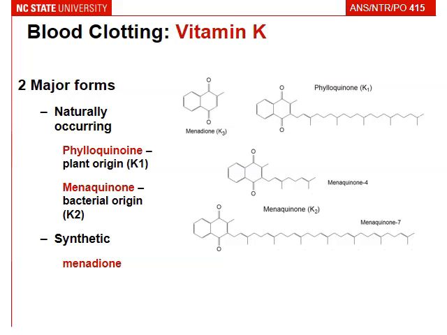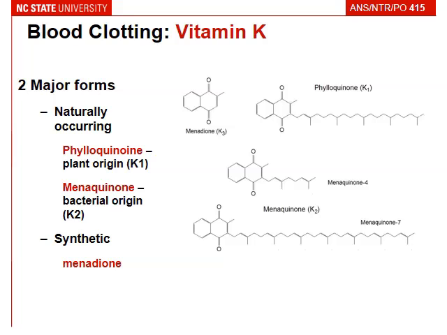So we're going to focus first on vitamin K. And vitamin K is most notably involved in blood clotting. There are other functions for vitamin K, but this is the one that everybody has heard of, vitamin K's involvement in blood clotting.